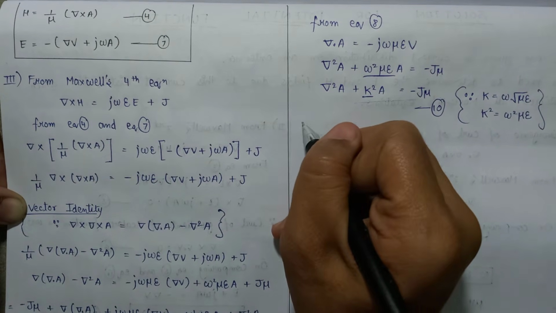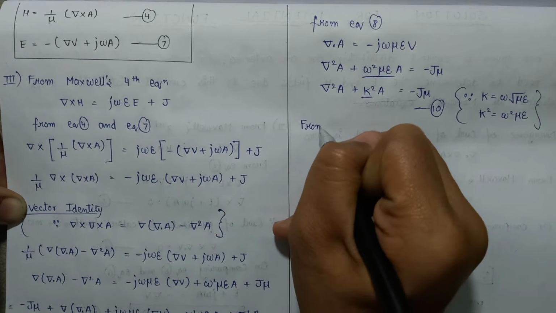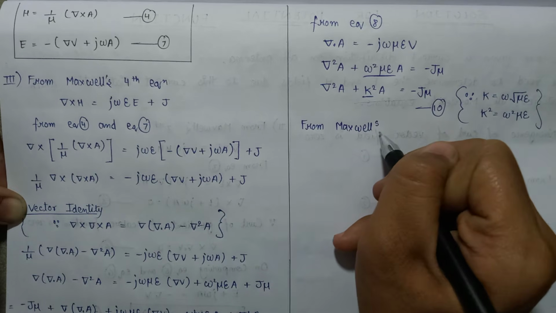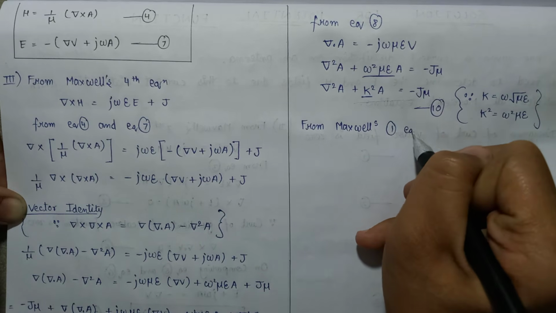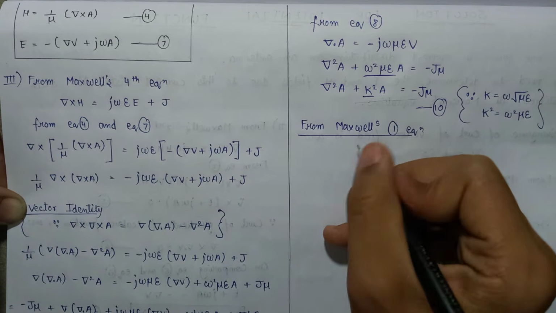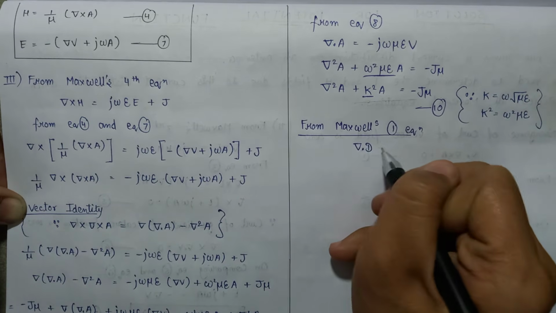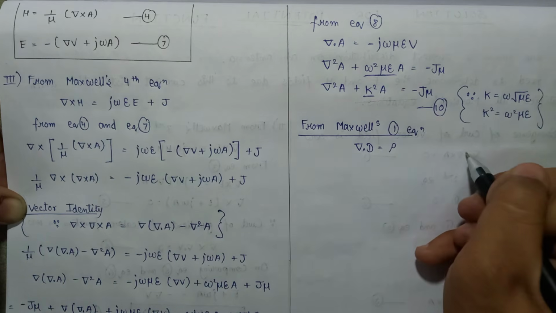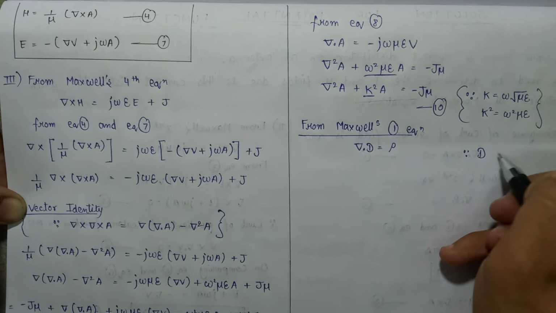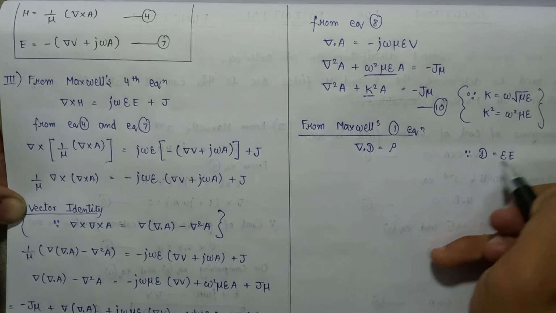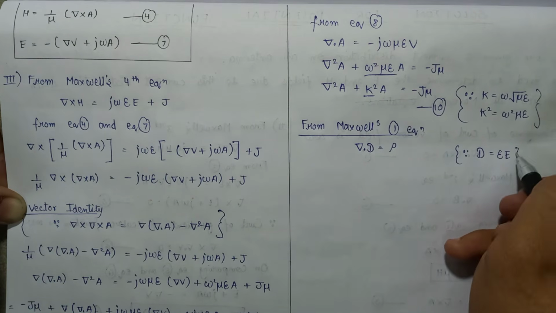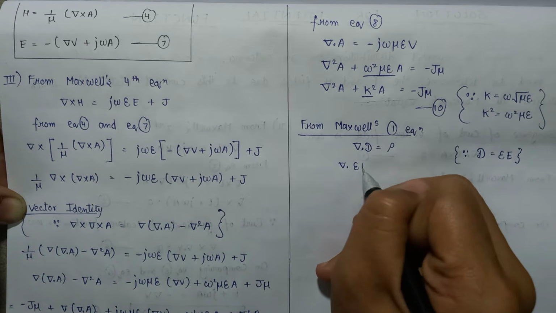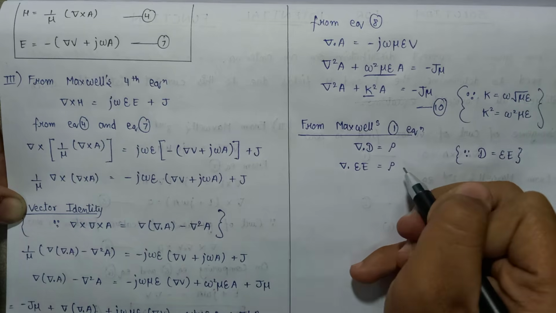Now from Maxwell's first equation, we can say that del dot D will be equals to rho only, and we know that the value of D is equals to epsilon into E. So if we replace it by the epsilon into E value, then it becomes del dot epsilon E equals to rho.